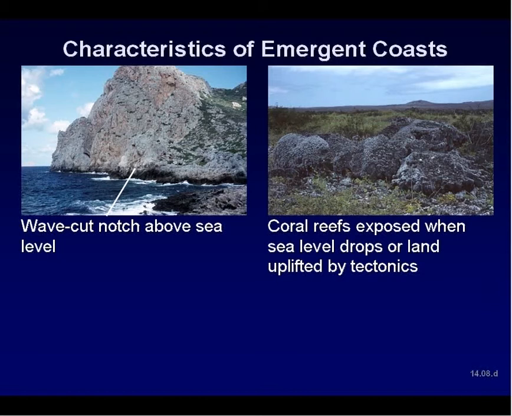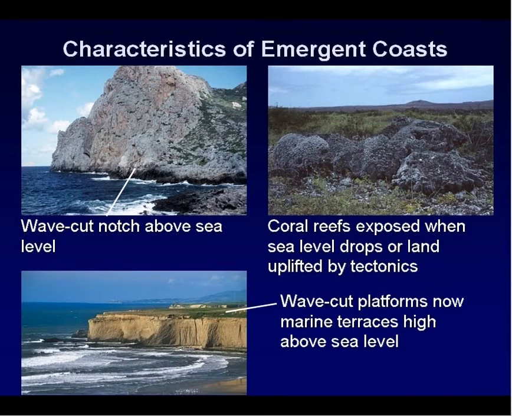Sea level falling. We've also got the possibility of uplift. Okay, so tectonic, volcanically active coastlines. We've talked about that possibility before, particularly where we're also seeing cliffs. And the final example here from California, we're seeing past wave cut platforms, and we've got a sequence of these wave cut platforms which are now marine terraces.